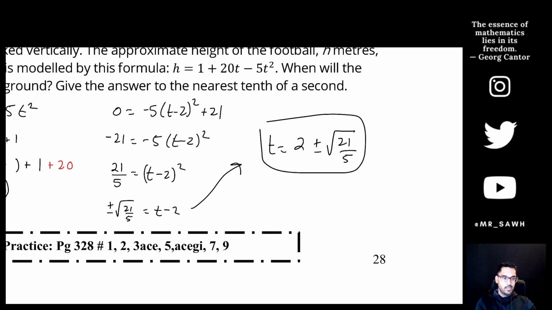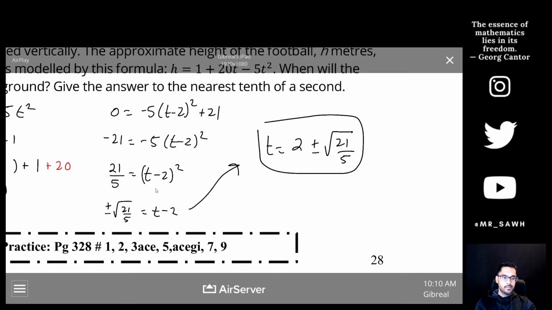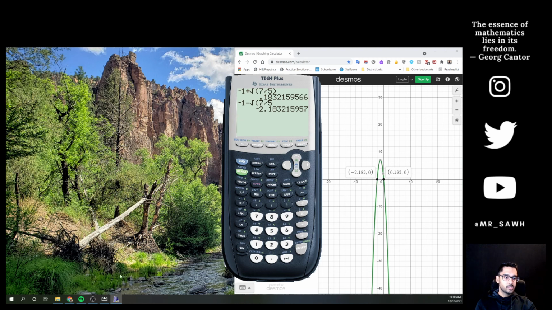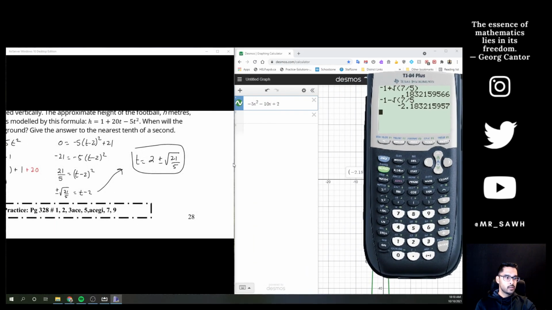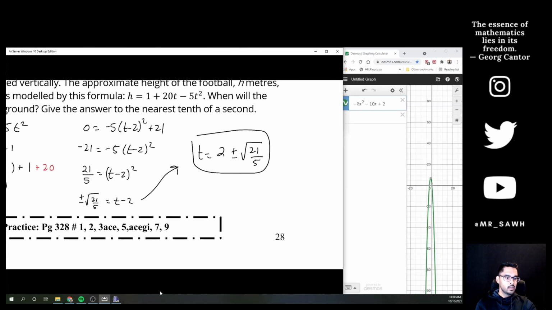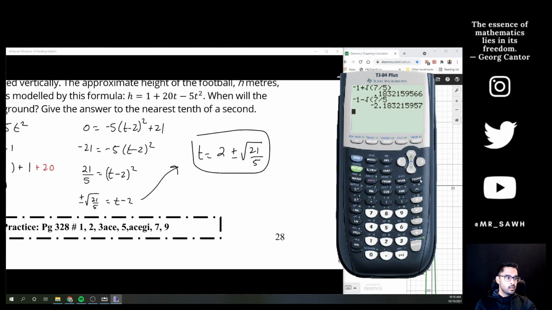Now we need to evaluate both of those to see which one we actually need. So we'll put our calculator off on the side. Okay, so 2 plus the square root of 21 over 5. Here's one solution, and it says to the nearest tenth.